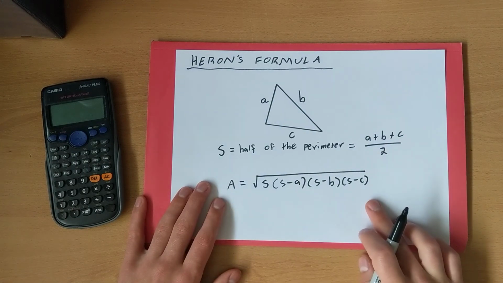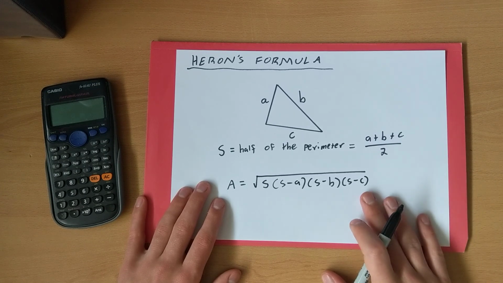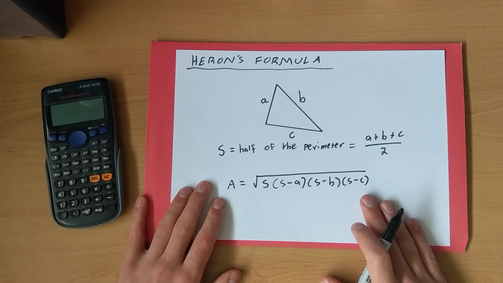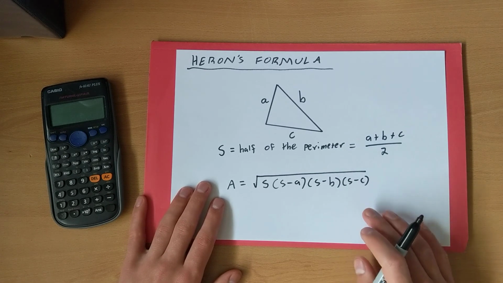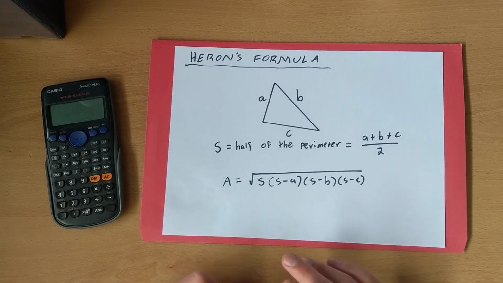So this here is the formula for the area of a triangle when I have the 3 side lengths and none of the angles inside. Heron's formula. We won't come across it a lot, but it's important to know in this course. It will come up a couple of times, and it's good to remember.